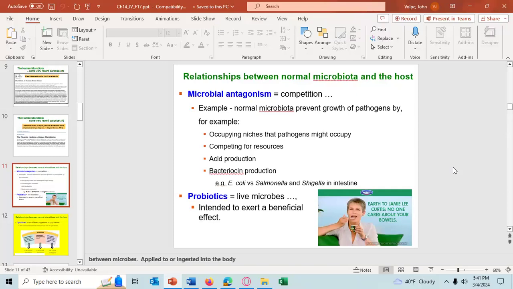And another case where we have skin with the normal microbiota on it, if a pathogen were to fall on the skin, the space might be occupied by the normal microbiota, in which case the pathogen cannot get established. So you can occupy the niche the pathogen might occupy. You can compete for resources.